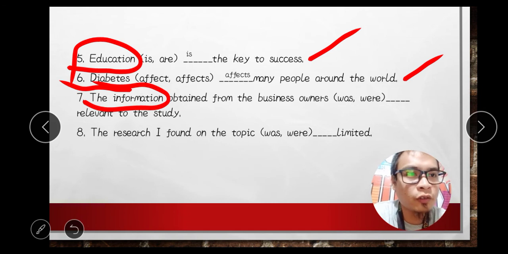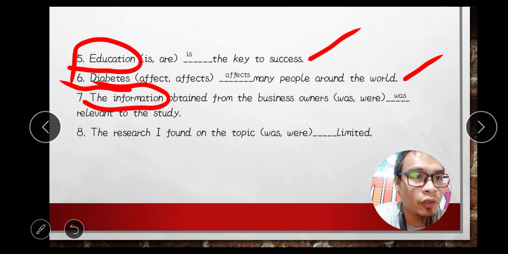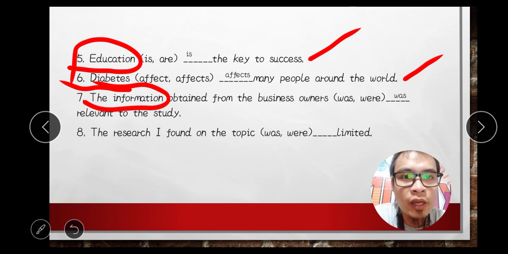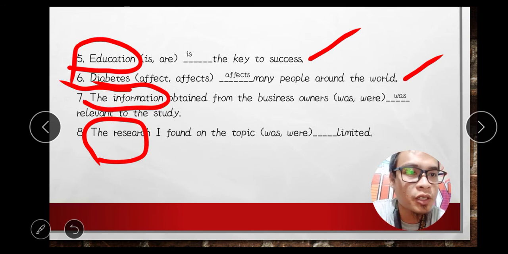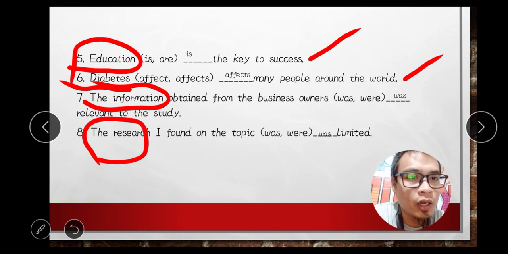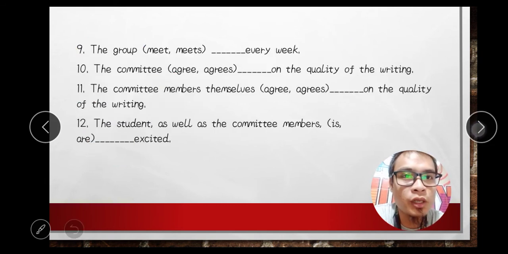So therefore, it is singular, which needs singular verb. Was. Yes. Number 8. The research I found, the topic was. It's very clear that the subject is research. So singular, which needs was. Was is singular. This is the past form.